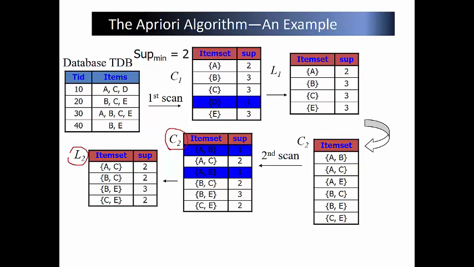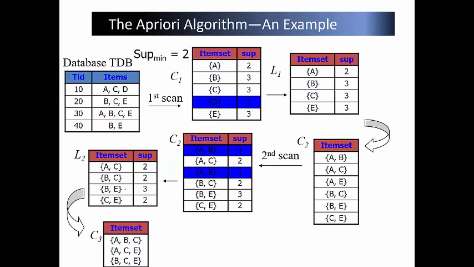We keep doing this. From here to there, from one atomic item to a pair of items, that is simple, right?